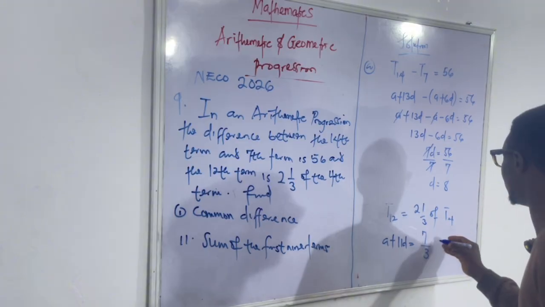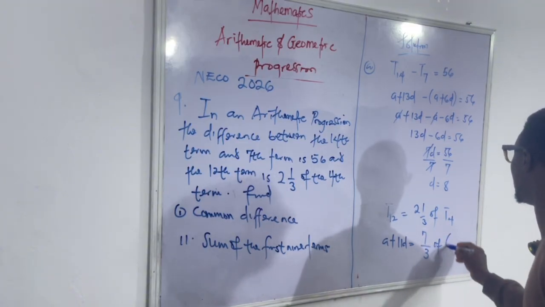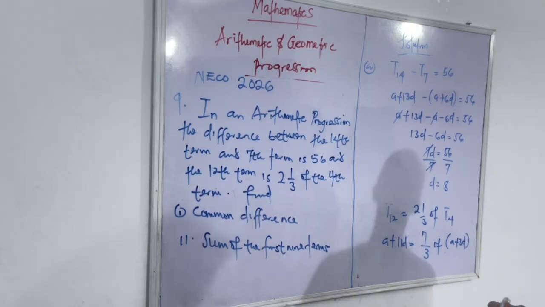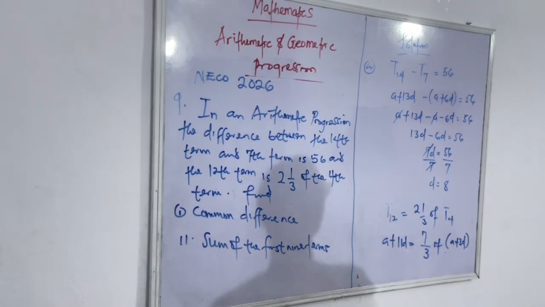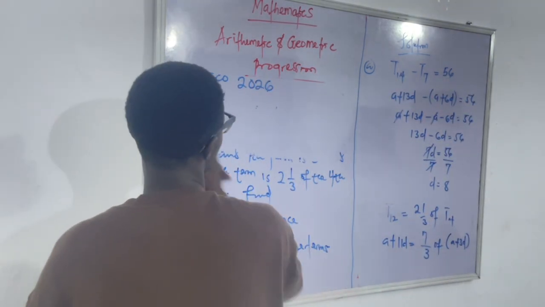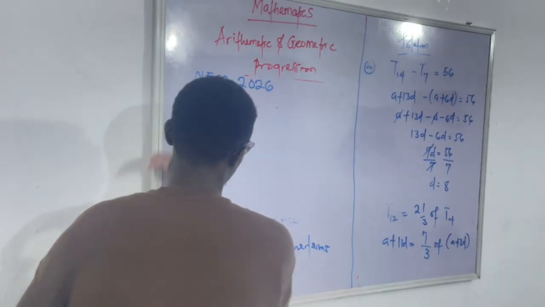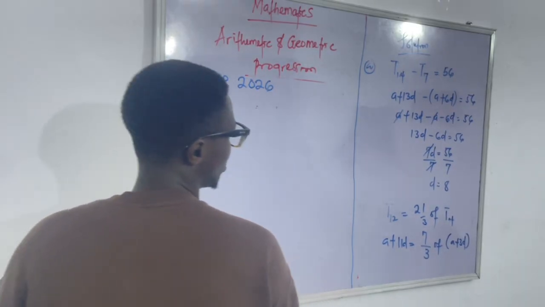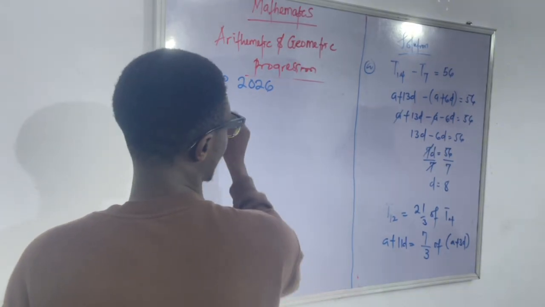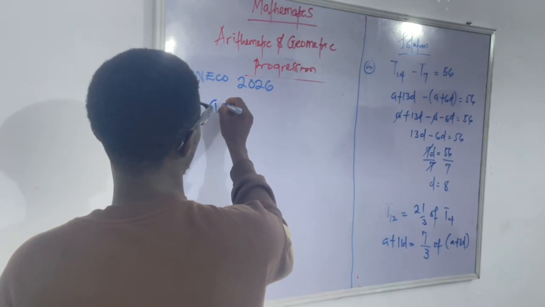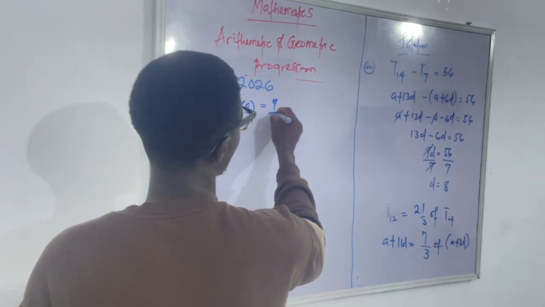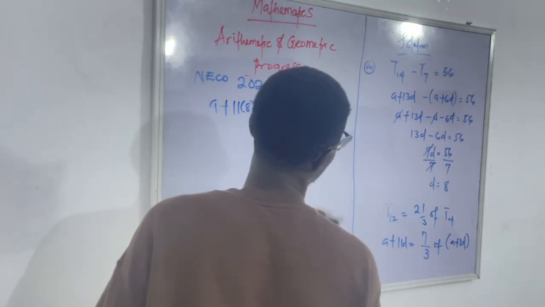That's 7 over 3 of, that's A plus 3D. Are we together? That's A plus 3D. So we know that the value of our D is 8. So that's A plus 11 into 8 equals 7/3. Of means times.